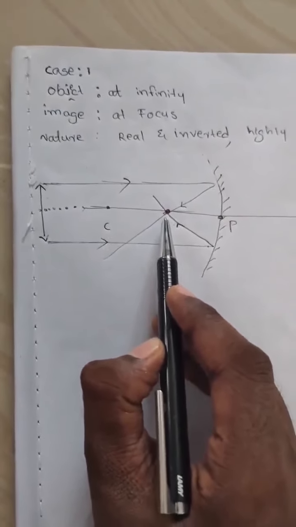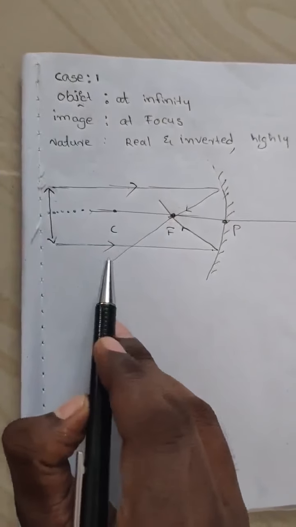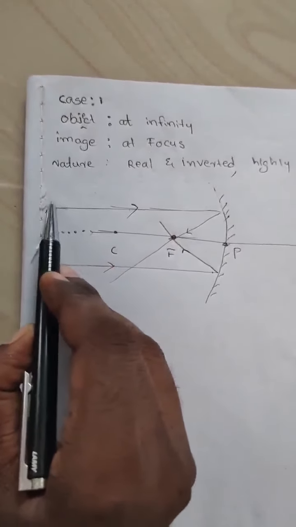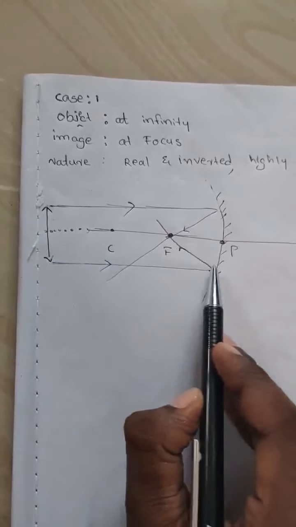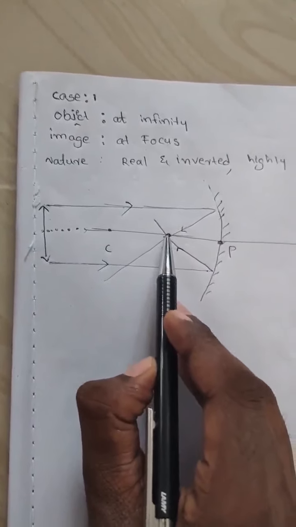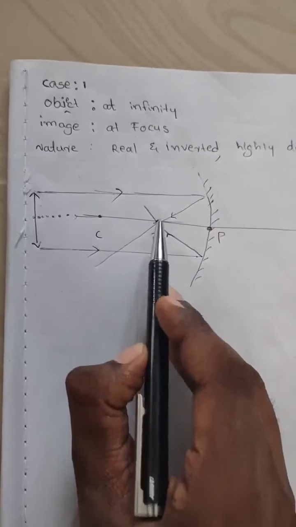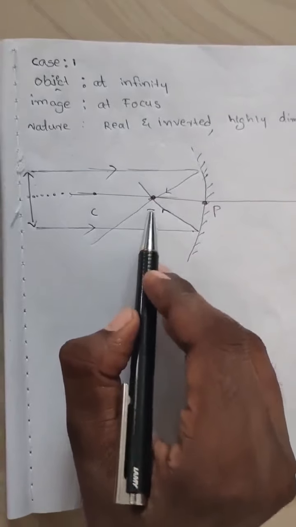This is our first case, and this is our ray diagram. You have to learn this ray diagram by heart. In this case we are using these two rays, one moving parallel, and again the parallel ray, and they meet here, and at this position the image is formed. I think now it is clear. This is the ray diagram of case 1.